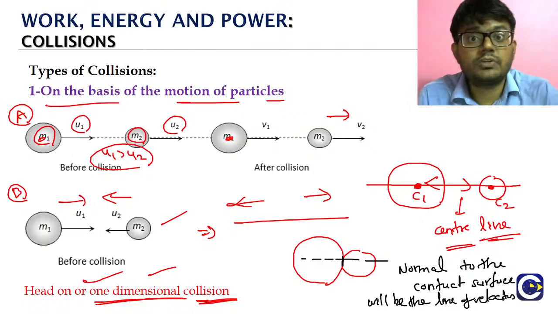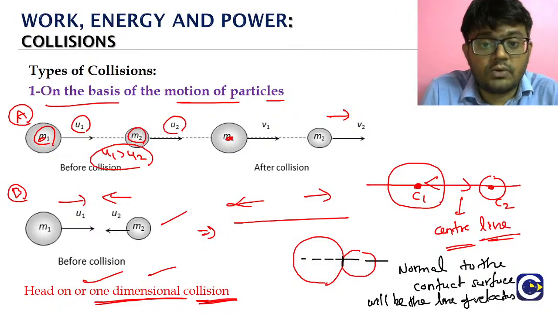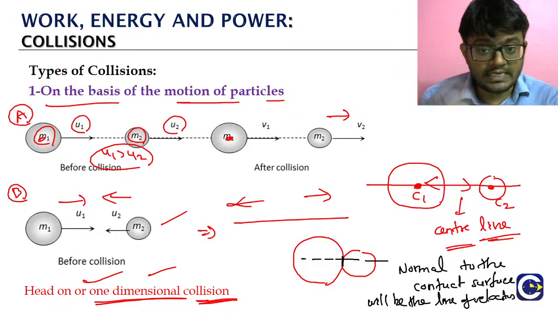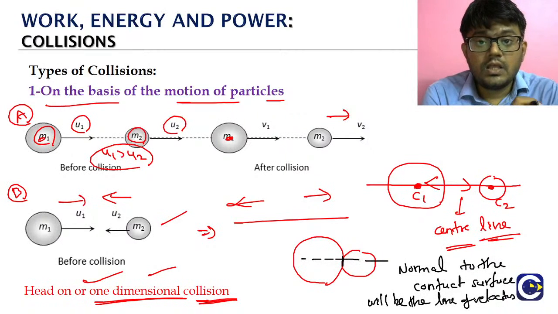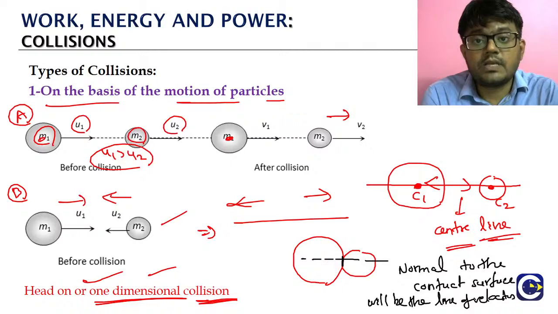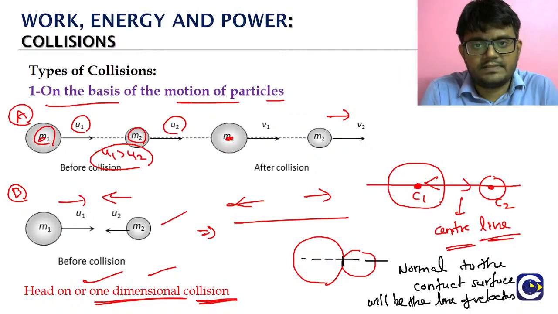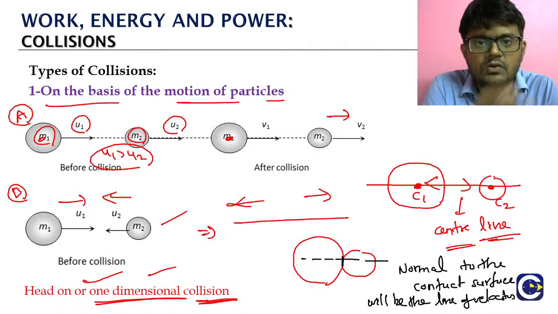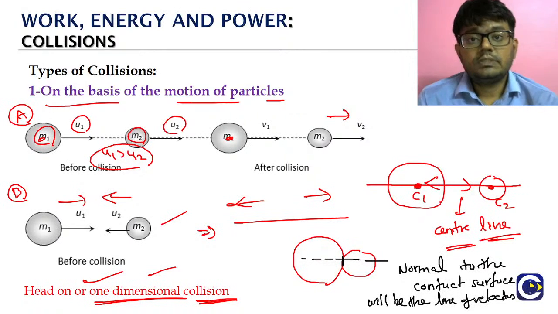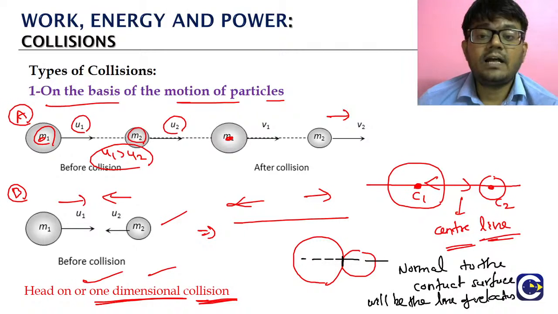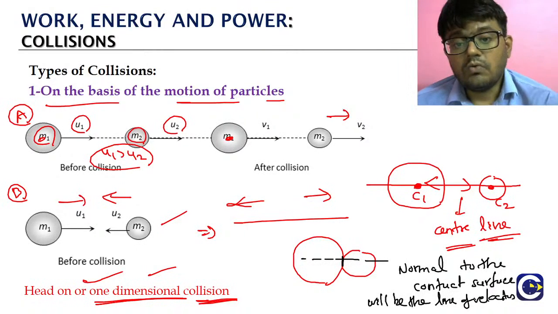So whenever we talk about the head-on collision or 1D collision, the center to center line will also be the line which is the common normal between the contact surfaces. So the common normal also will be the center to center line. So this is the head-on collision or the one-dimensional collision.